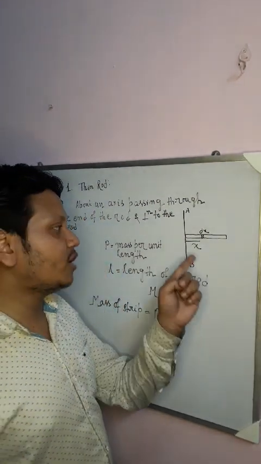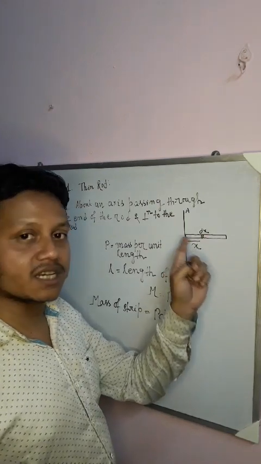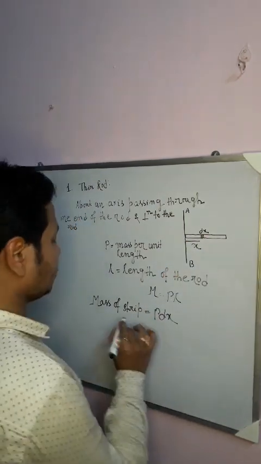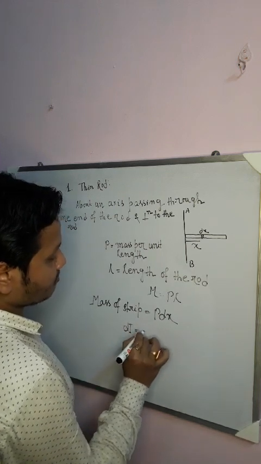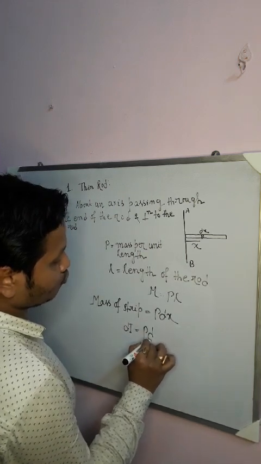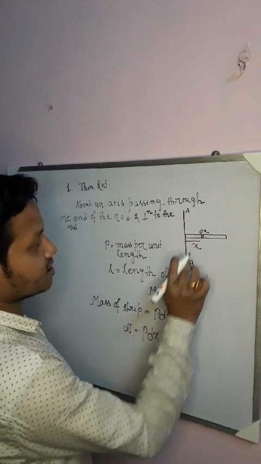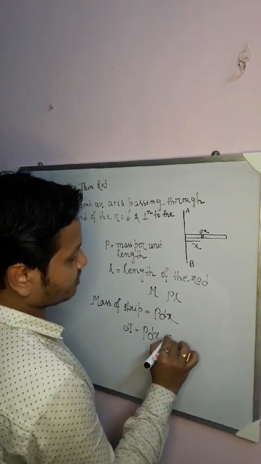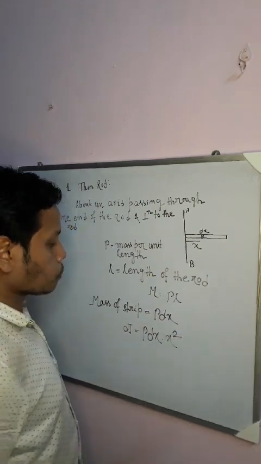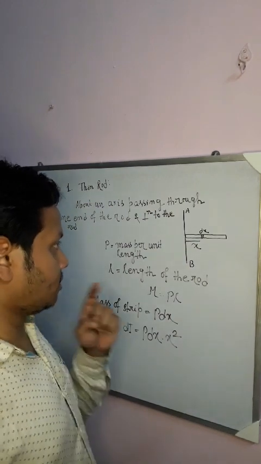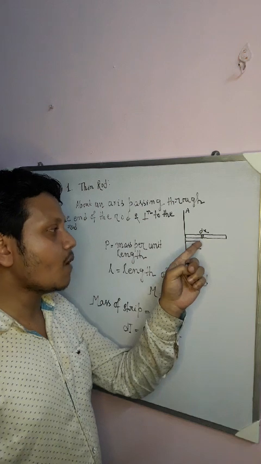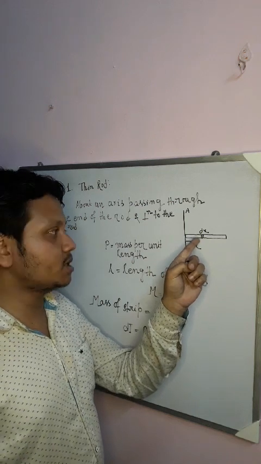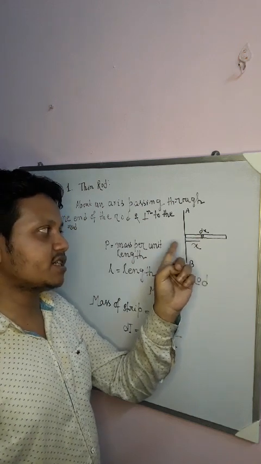What will be the moment of inertia due to the elementary strip of width dx? If we call it dI, then it is mass, rho dx, into the distance from the axis, simply x square. So this is the moment of inertia due to the small strip of width dx at a distance x.